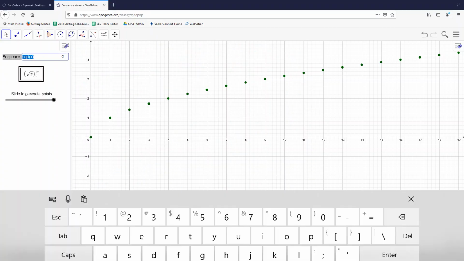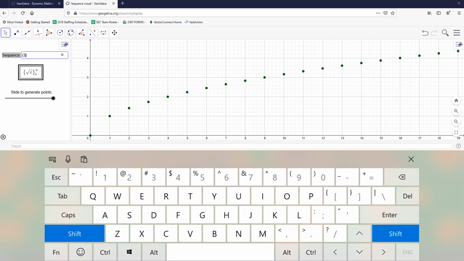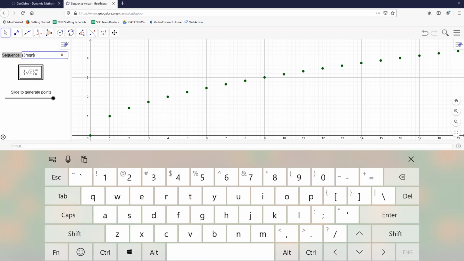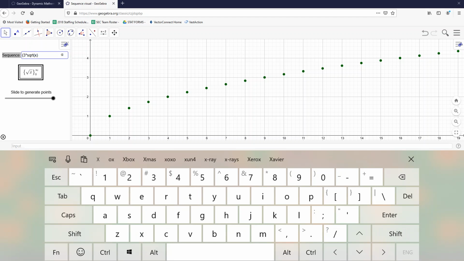Alright, here I am on Geogebra, and I'm going to make sure I have exactly what I need. So I want my numerator to be 3 times the square root of x. There we are.